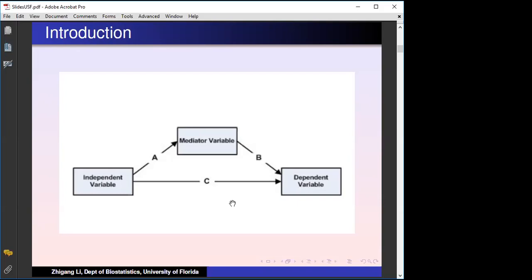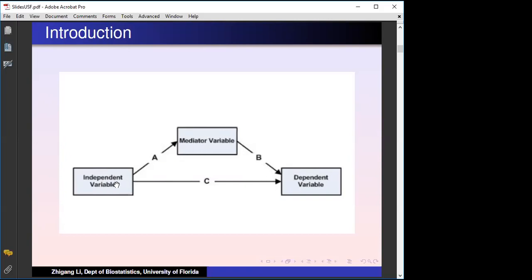We have the independent variable, which could be treatment in a clinical trial, a certain exposure, or a risk factor in an observational study. And then the dependent variable could be disease, right? There's usually a direct effect from the independent variable on the dependent variable. But the effect could also go through a third variable, an intermediate variable, which is called a mediator.